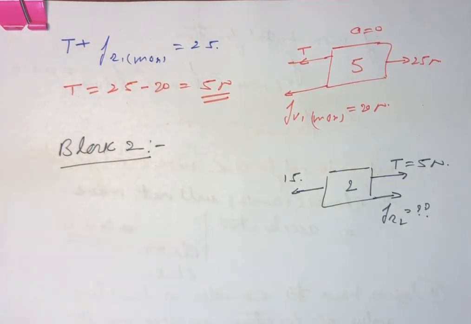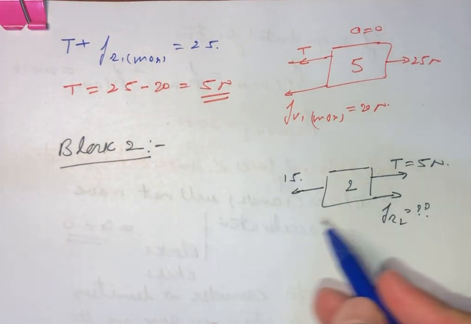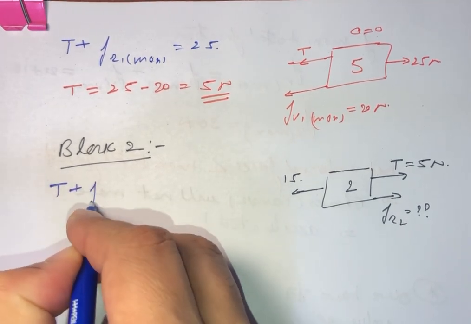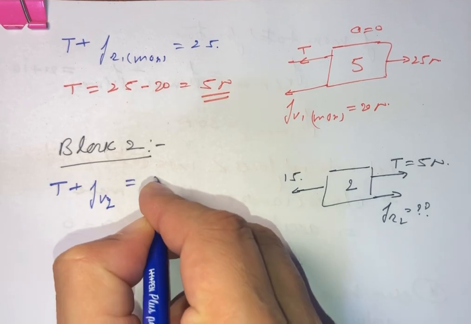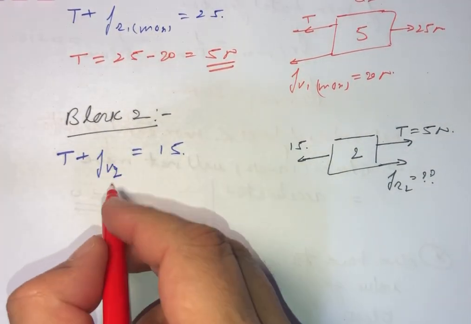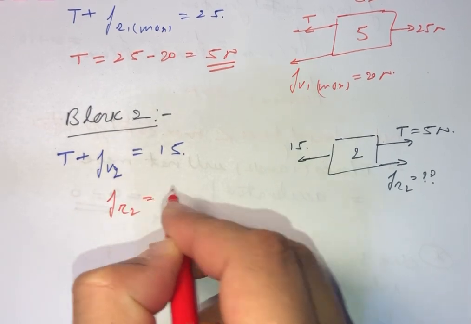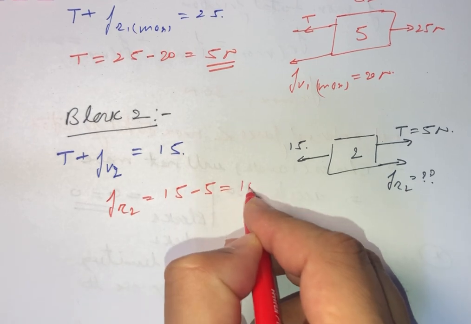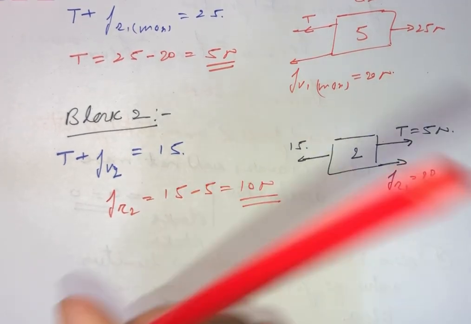So T plus Fr2 is equal to 15, and from here Fr2 is equal to 15 minus T. T is 5 Newton, so this comes as 10 Newton.